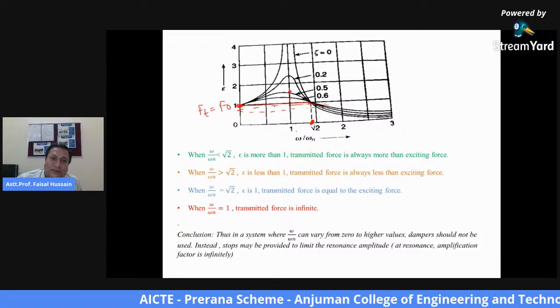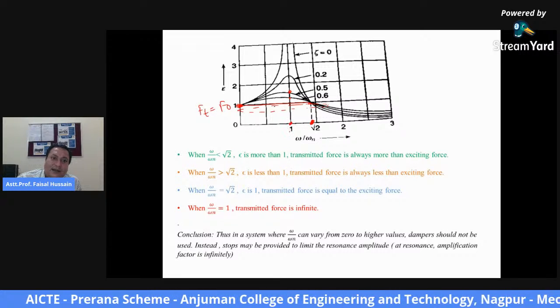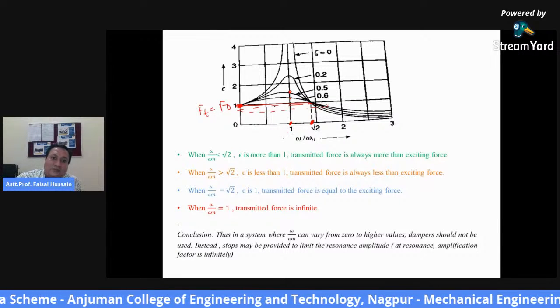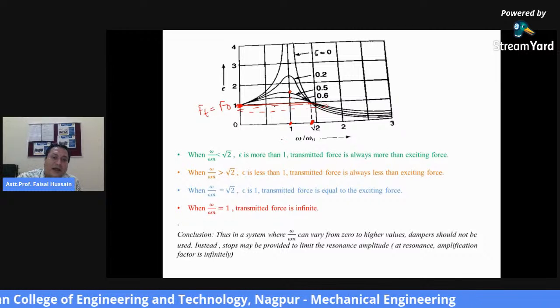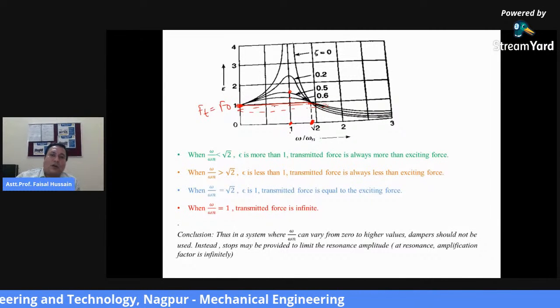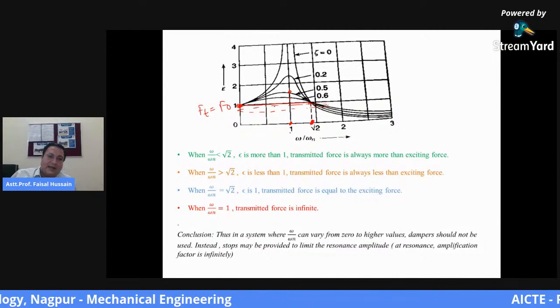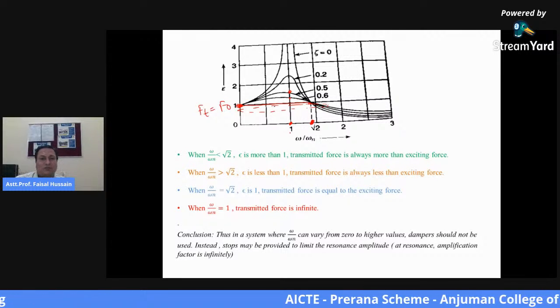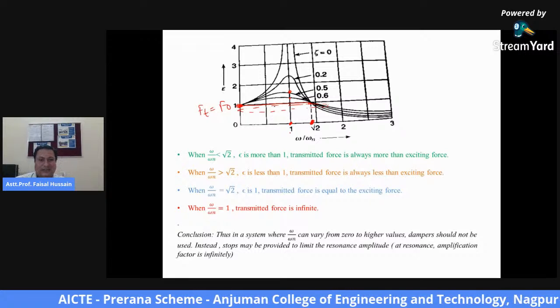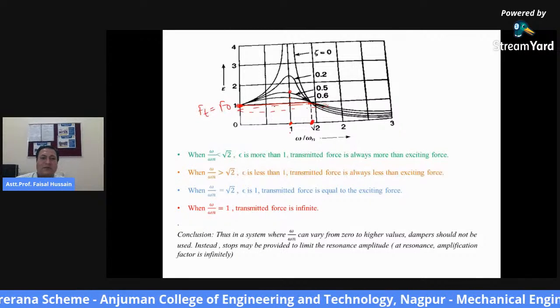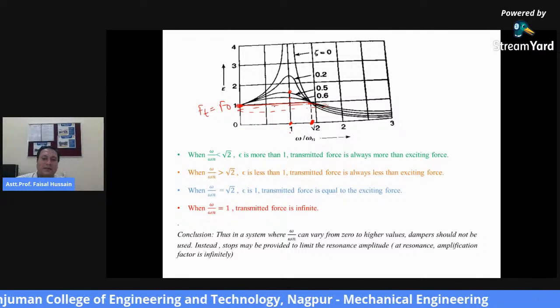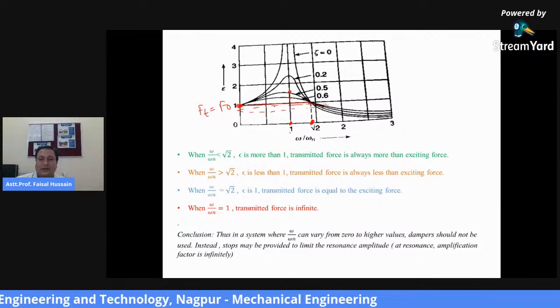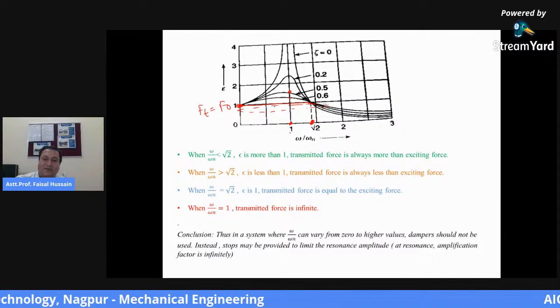If the frequency ratio is 1, then at that position the transmitted force will be infinite. So the overall conclusion from this graph is that in a system where the frequency ratio can vary from 0 to higher values, dampers should not be used. Instead, stops or stoppers may be provided to limit the resonance amplitude, because at resonance the amplification factor is infinite.